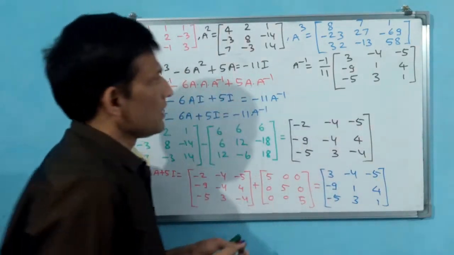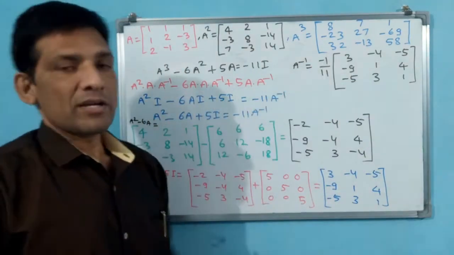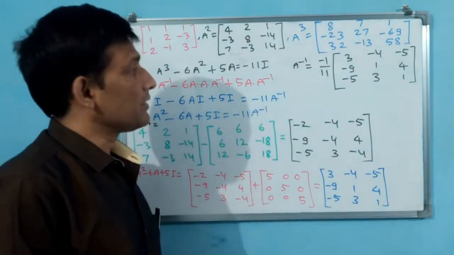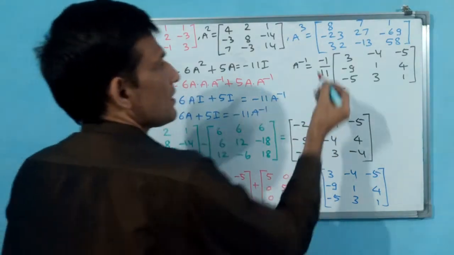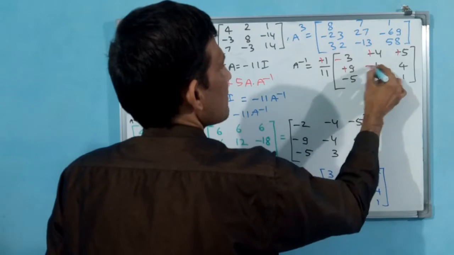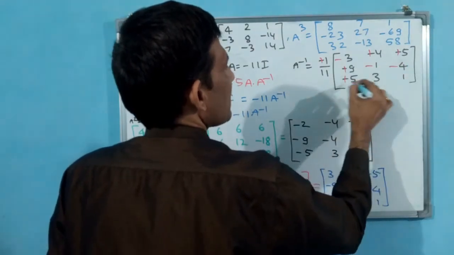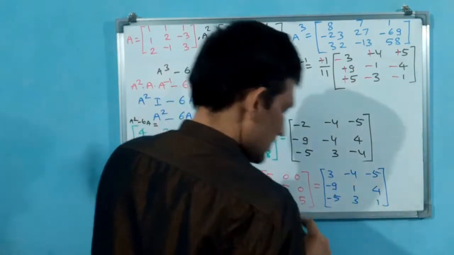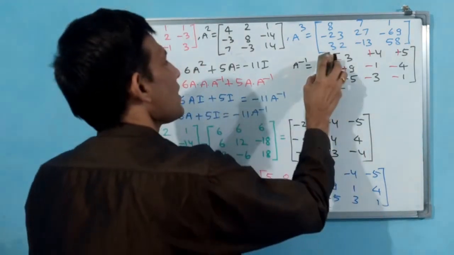Okay. See, shall I transfer this minus inside? Definitely I can transfer. If I transfer this inside, then minus plus plus, plus minus minus, plus minus minus. That means wherever plus is there, you remove it.